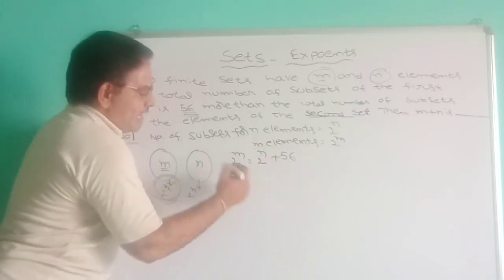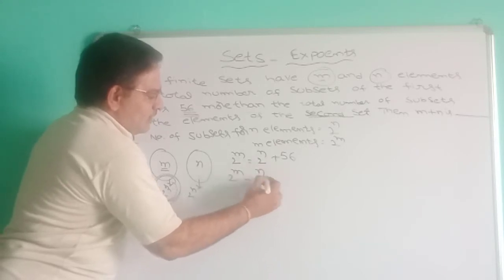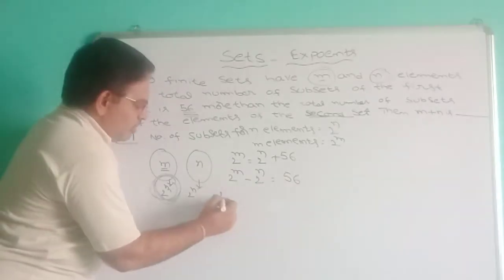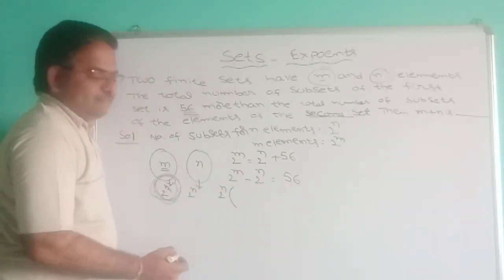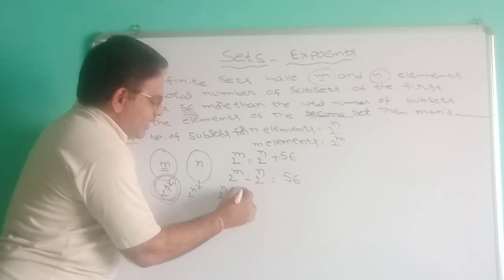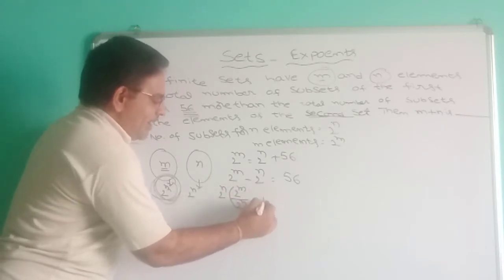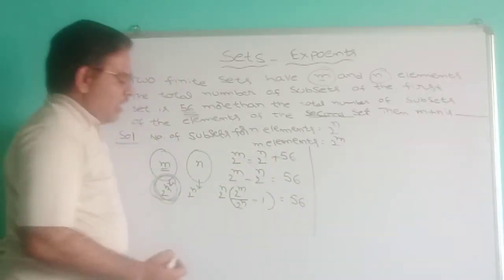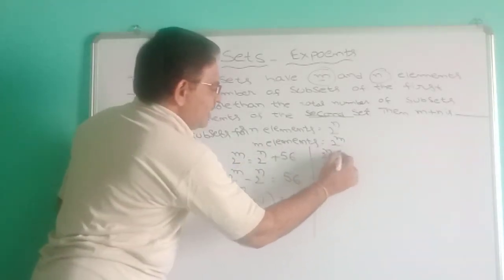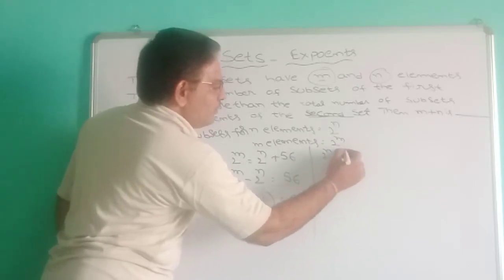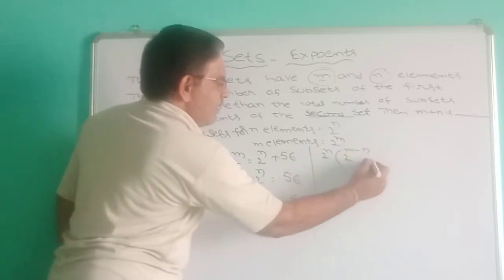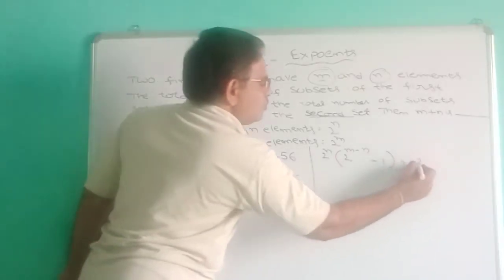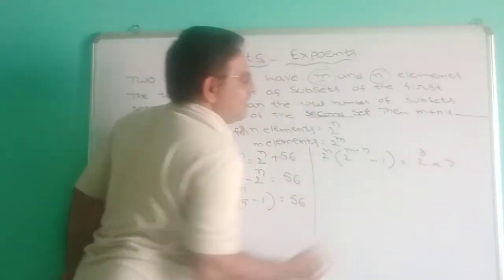Now take 2 power n to the other side: 2 power m minus 2 power n equals 56. Now take 2 power n common: 2 power n into (2 power m minus n minus 1) equals 56. We can write 56 as 2 cube into 7.